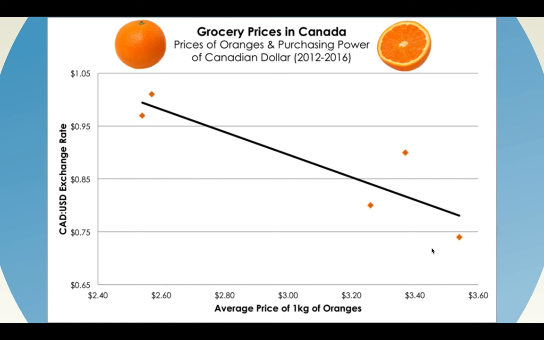So the higher the exchange rate, the better the Canadian dollar is doing. The lower the exchange rate here, the worse the Canadian dollar is doing. That's how many American dollars 1 loonie will buy you. So it shows you how it affects the price of oranges in the supermarket. There's a pretty strong trend there. So exchange rates will affect the supply of goods and how much is available for sale.